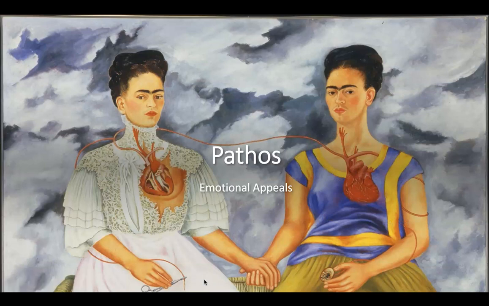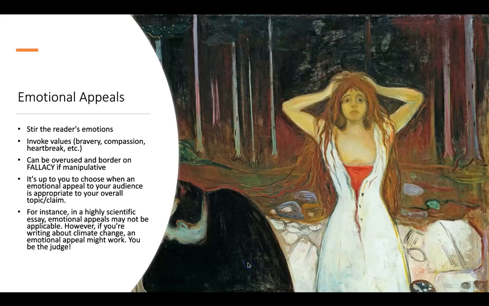So the first appeal is our emotional appeals, also known as pathos. So we're going to discuss what exactly that means. How does one use emotional appeals in one's writing, and when do you appropriately do so? So when you're trying to appeal to the emotions of your readers, you will be aiming at things or examples that tug at their emotions or their heartstrings, right?